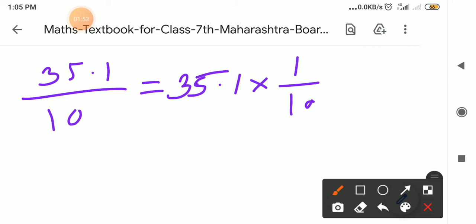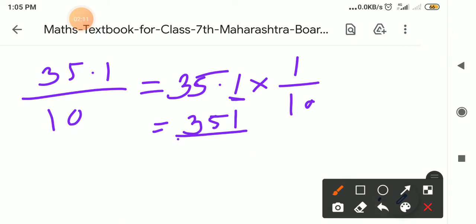Now the next step is that if I want to remove this decimal point, what do we have to do? After the point, how many digits are there? Only one digit.